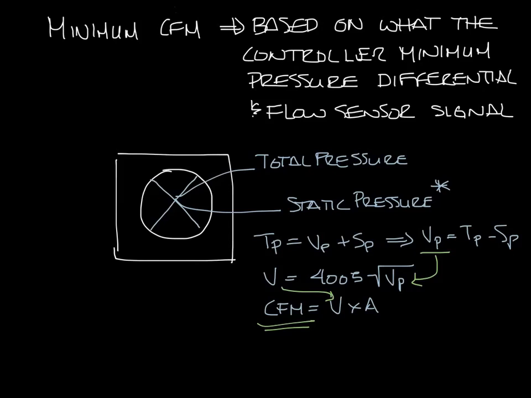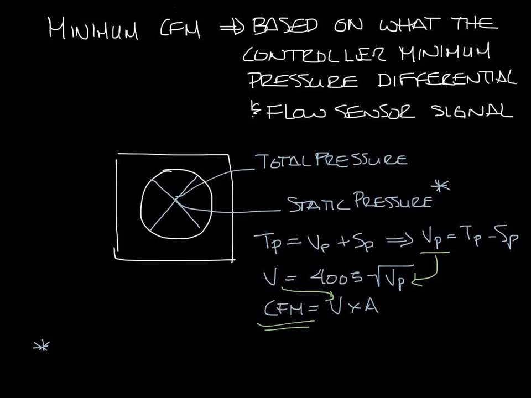So let's talk about this asterisk a little bit. I mentioned the minimum pressure differential that the controller could read. So let's talk about where that pressure differential comes from. The ports off the flow sensor are connected to a pressure transducer on the VAV box controller. This pressure transducer is looking at the difference in these two pressures to come up with this differential pressure.